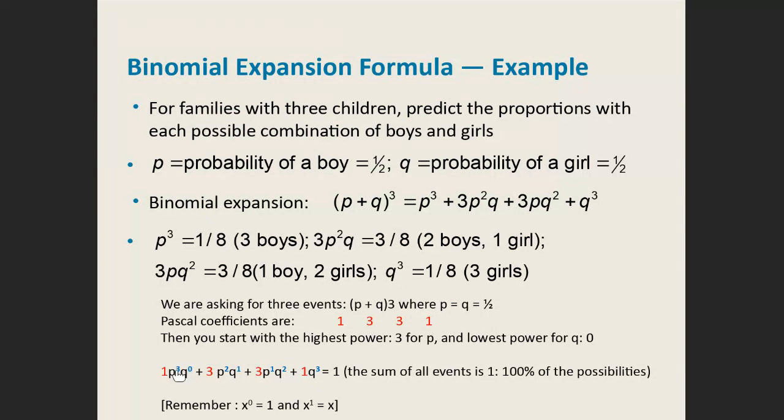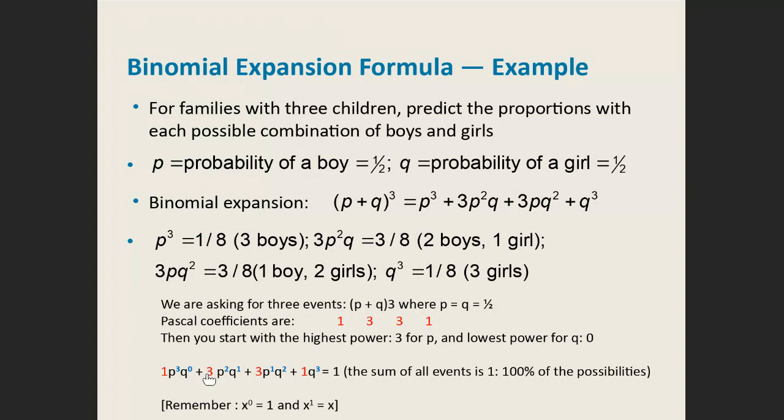So in other words, the powers of P and Q, if you add these two, they have to be equal to 3 for each term. So since you already have 3 here, the power of Q in this term will be 0. And Q to the power 0 is 1. So this, you can take it out of the term and it gives you P cubed.